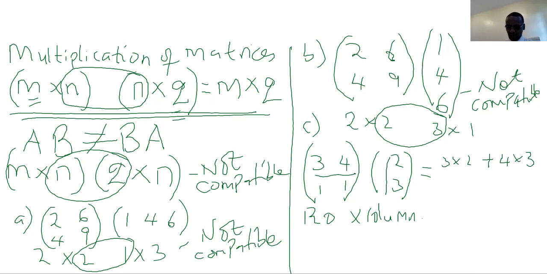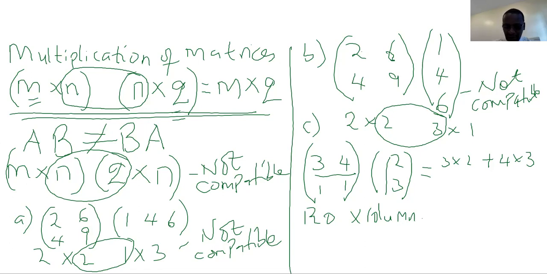That will be the answer at the top. So you multiply the first character with the first character, then add the second character with the second character in the next matrix. It's row times column. I hope you get it.